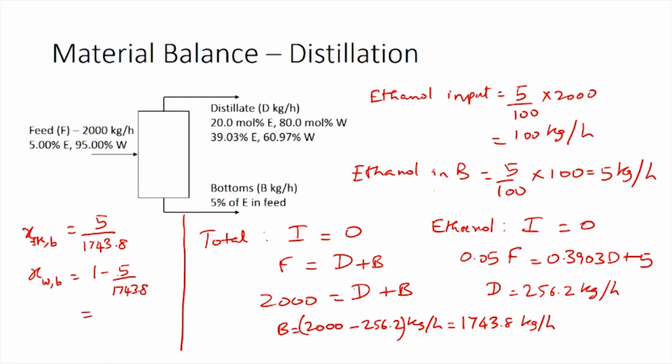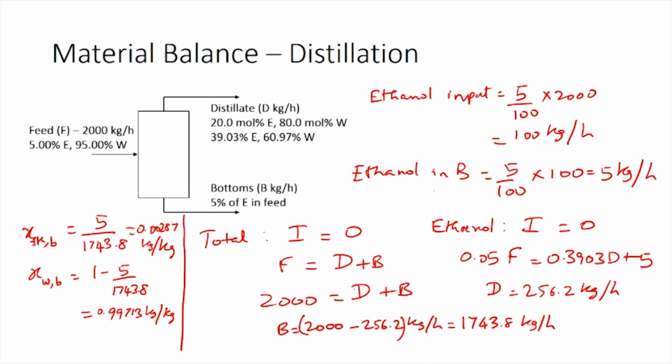So, these values are 0.00287 kilograms per kilogram and 0.99713 kilograms per kilogram. With this, we have calculated all the parameters that need to be measured for defining this process.